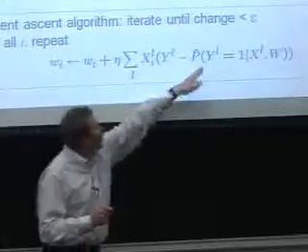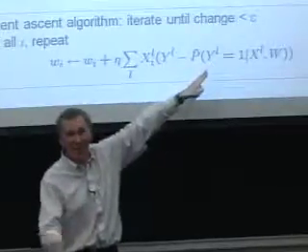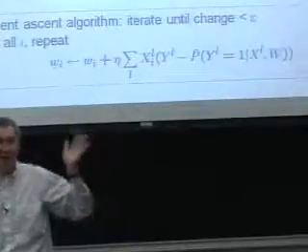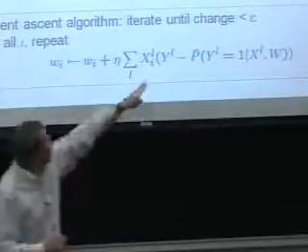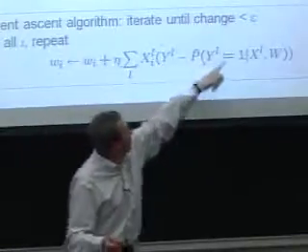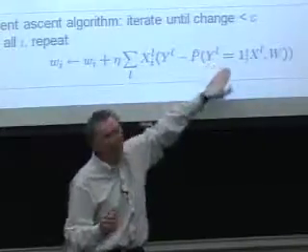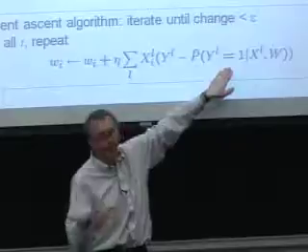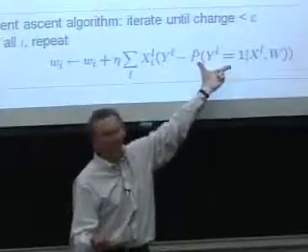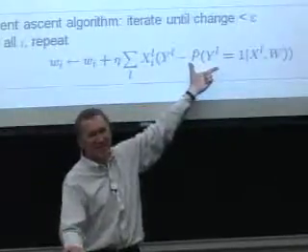If we predict y is 1 with probability 1, then there will be a 0 term here. We won't make any change to our W's. We're there. On the other hand, if y equals 0, this works too. If y equals 0, we want the probability that y equals 0 to be 1, which is equal to saying we want the probability of y equals 1 to be 0.